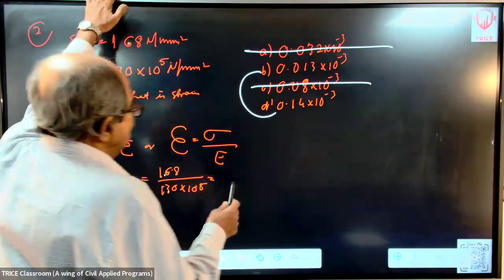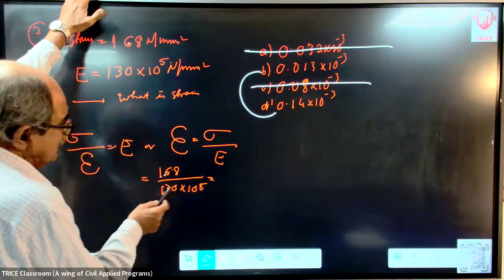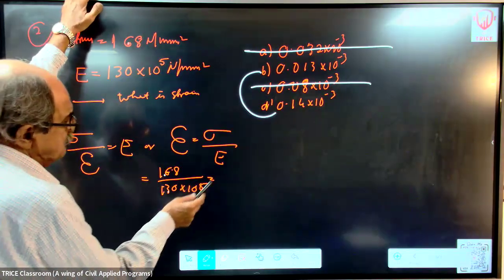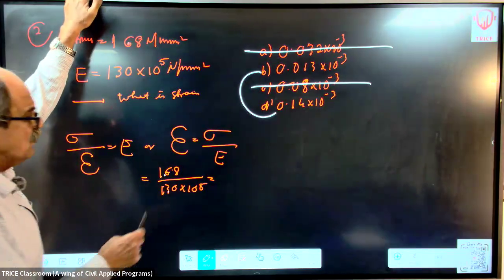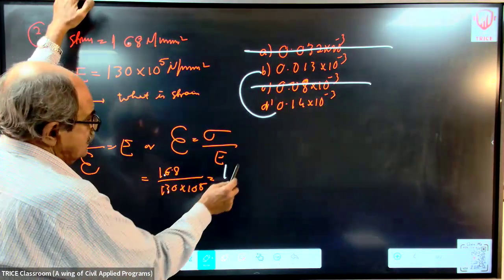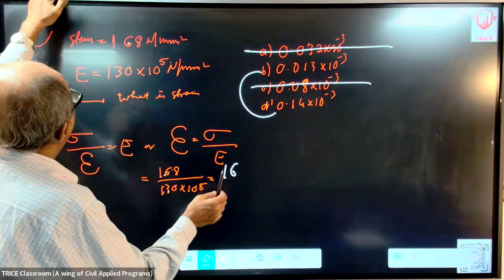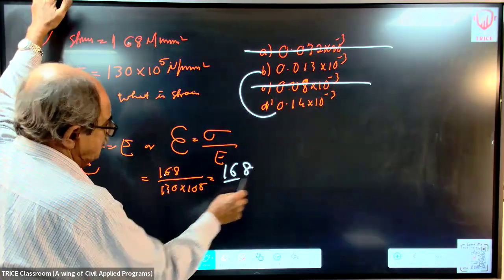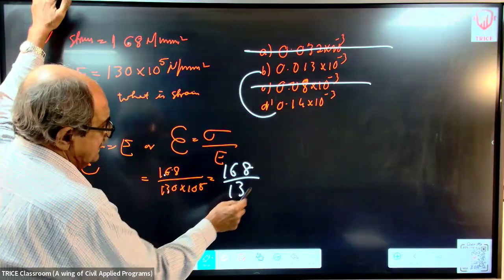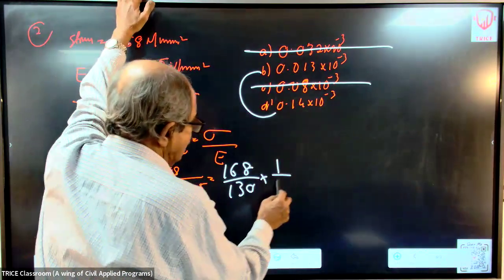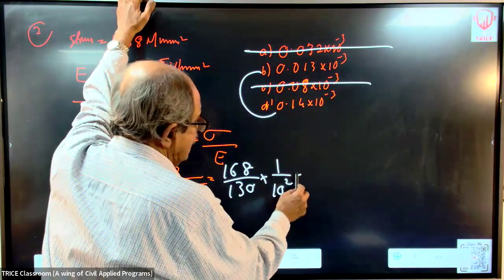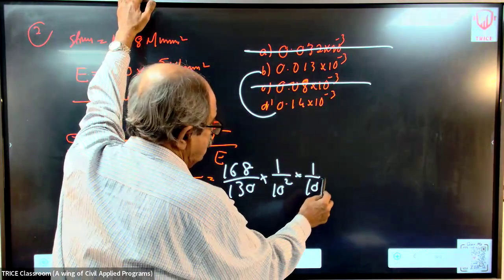Now, go further. 168 into 10 to the power 5. But they told the answer in terms of 10 to the power minus 3. What you do? 168 by 130 into 1 by 10 square into 1 by 10 cube.